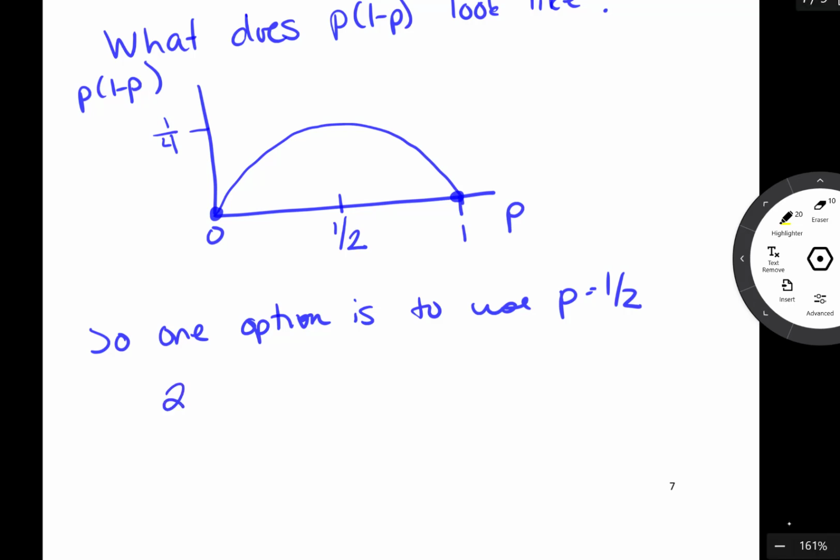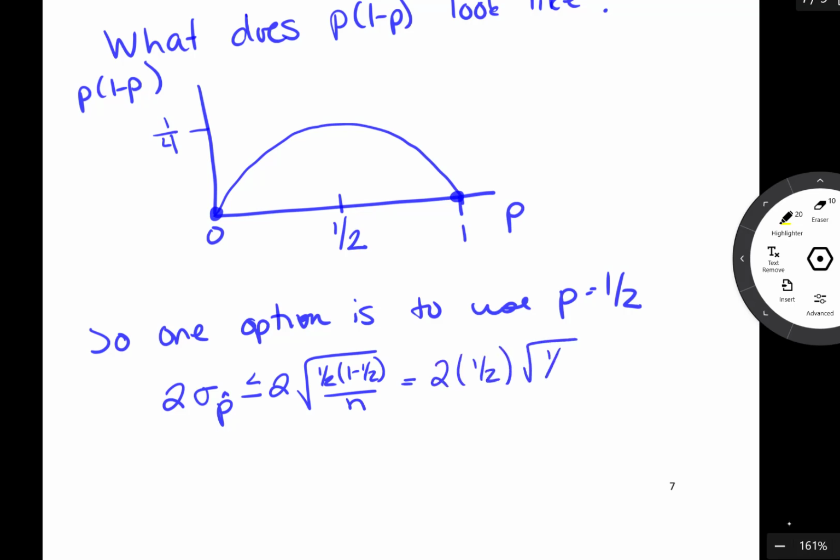So here if we have 2 times sigma p hat less than or equal to 2 times the square root of 1/2 times 1 minus 1/2 divided by n, well this is going to be 2 times a half times the square root of 1 over n, which is equal to 1 over the square root of n.